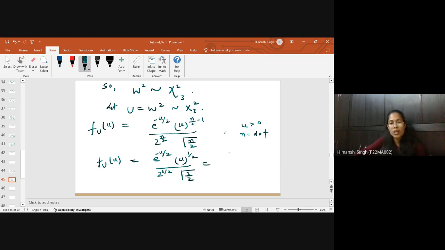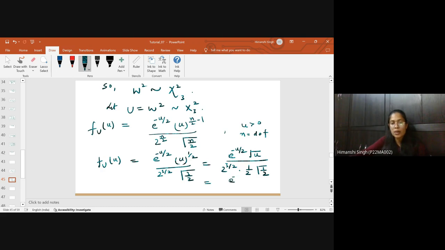So it will be e to the power minus u by 2 under root of u divided by 2 to the power 3 by 2. Now gamma 3 by 2 is nothing but 1 by 2 gamma 1 by 2, so one of the 2s will get cancelled. Gamma 1 by 2 is under root of pi.